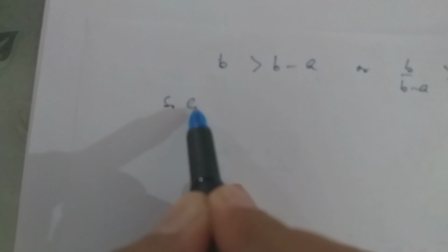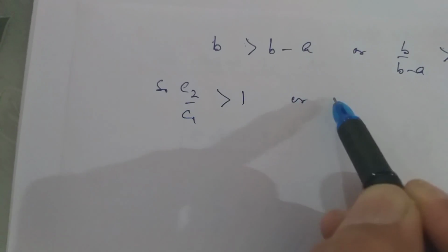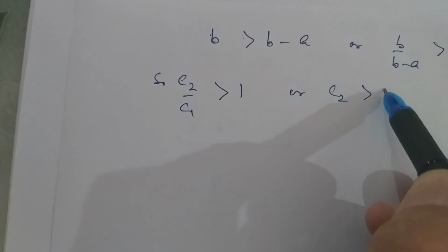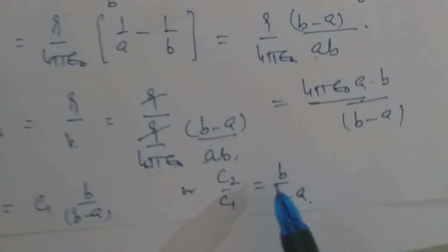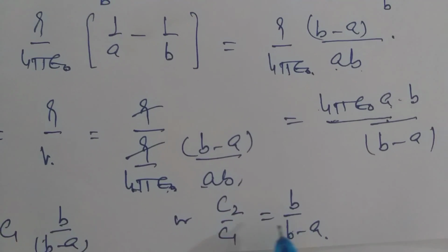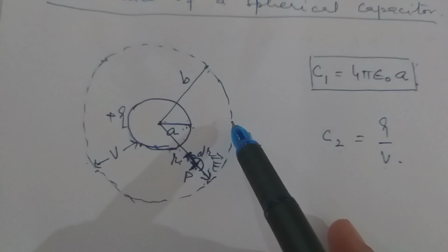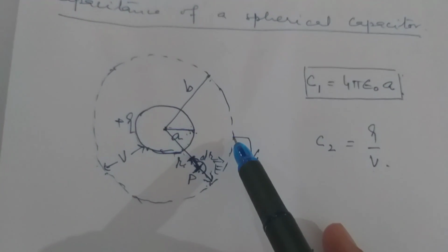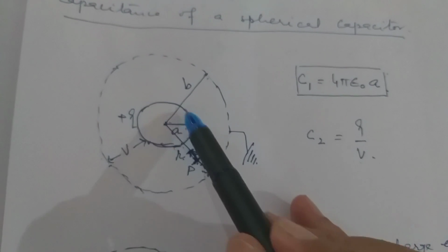So C2 over C1 is greater than 1, so C2 is greater than C1. It means the capacitance of this capacitor will become more as compared to the capacitance of the single conductor.